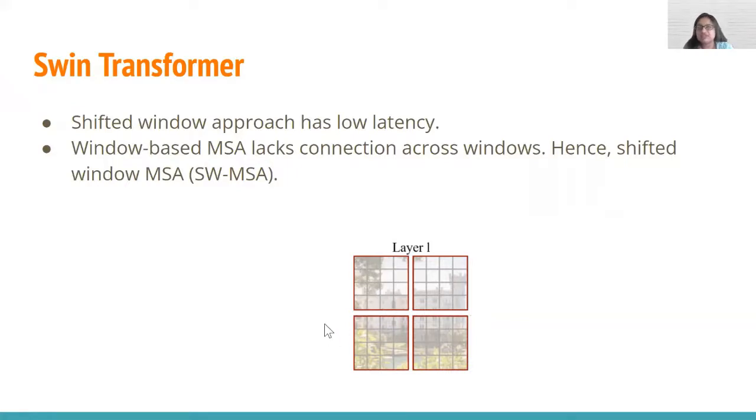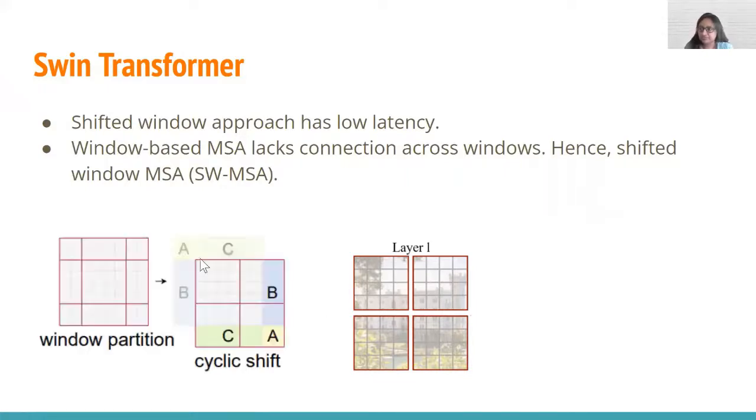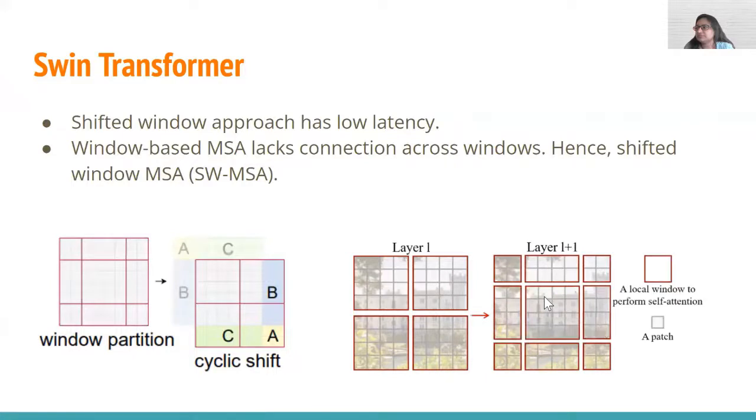And in the shifted windows, which is the SW-MSA, you move this window down by 2 patches. And then there's something called the cyclic shift, which is used to avoid zero padding in this non-overlapping part. And this is how it looks. So this is the shifted window MSA.